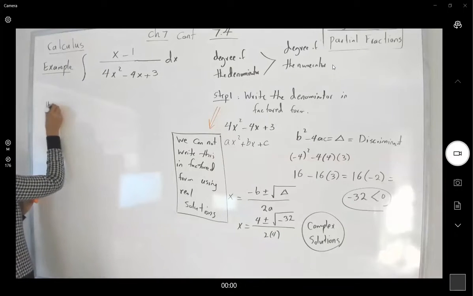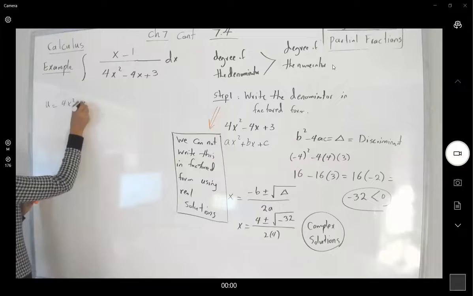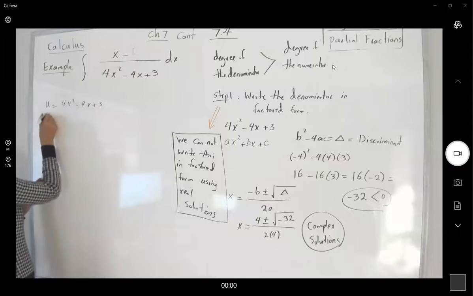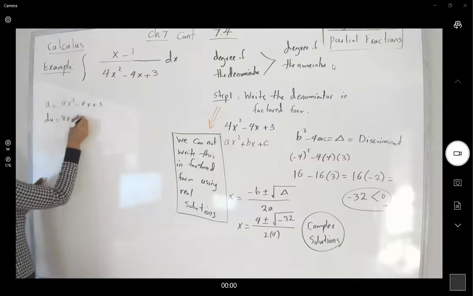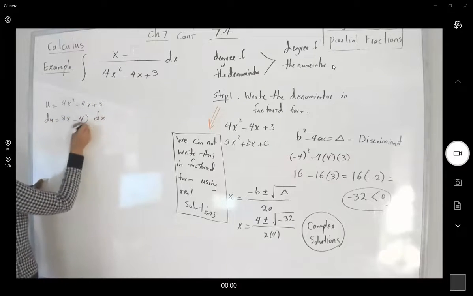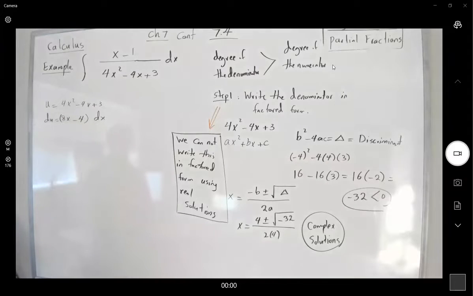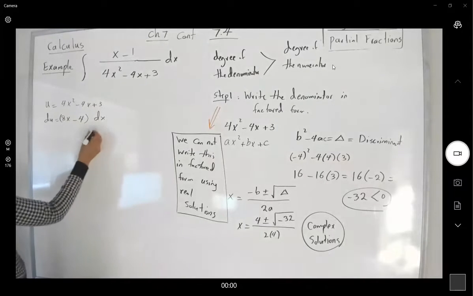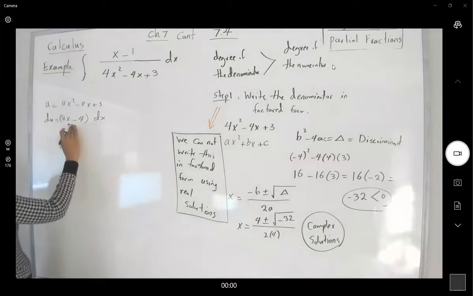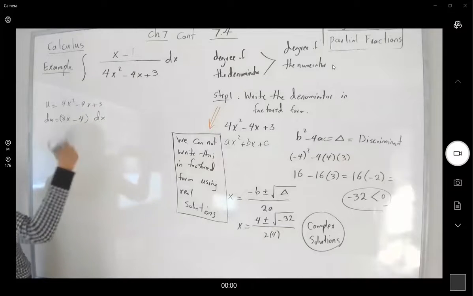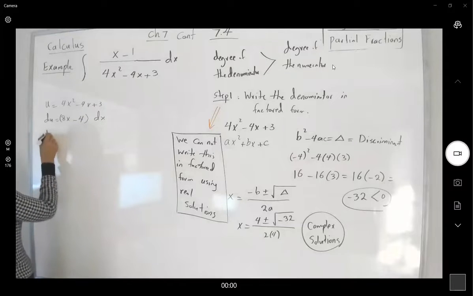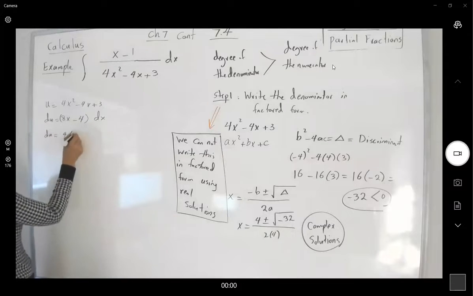If you use u sub for 4x squared minus 4x plus 3, then du is 8x minus 4 dx. If I factor out 4, du is 4 times 2x minus 1 dx.